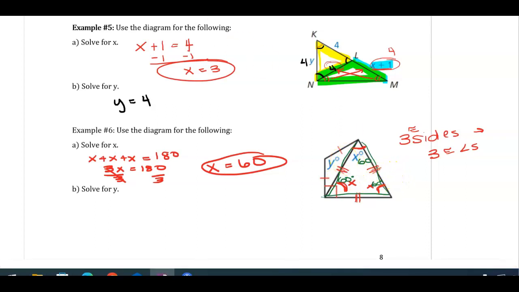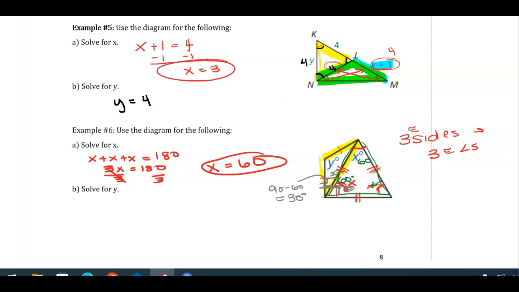Now if I move over to y, I see that y is a part of this triangle on the left. If this here is a 90-degree angle and this part is 60, that means this little part here has to be 90 minus 60, which is 30 degrees. So this here is 30 degrees.